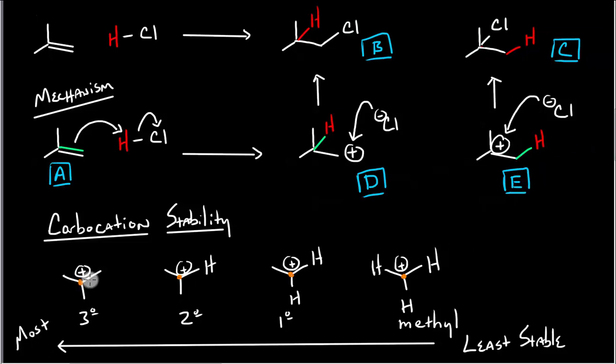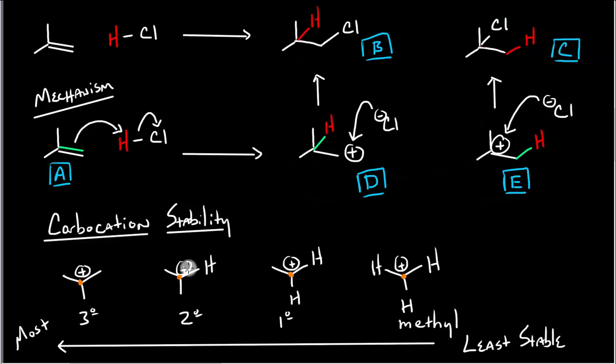Sometimes people will count the number of hydrogens not attached to the carbon that holds the positive charge, but what you really want to go for are direct attachments, what's directly attached to the carbon with the positive charge, or these orange carbons. So again, you want to count the direct attachments and not adjacent attachments.